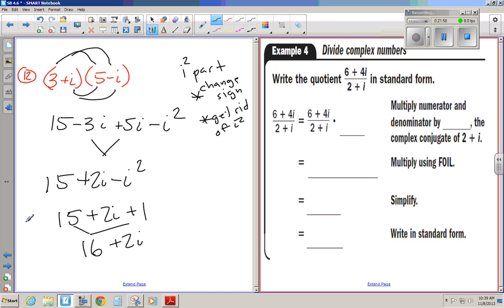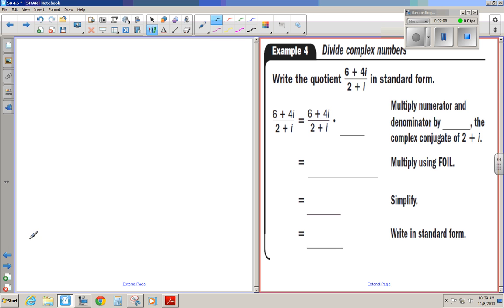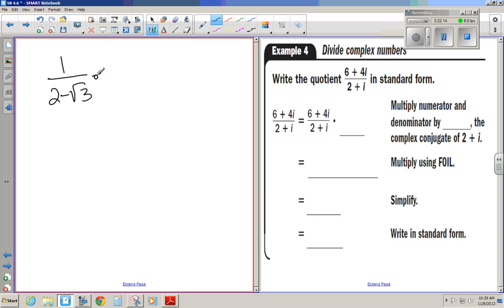Now, dividing complex numbers is a little tougher. This you have to remember when you did things like 2 minus square root 3. You had to multiply by 2 plus square root 3 and 2 plus square root 3 because you cannot have an imaginary number in the denominator.